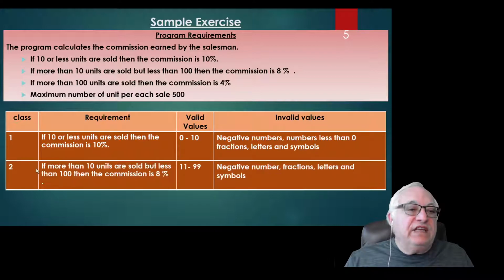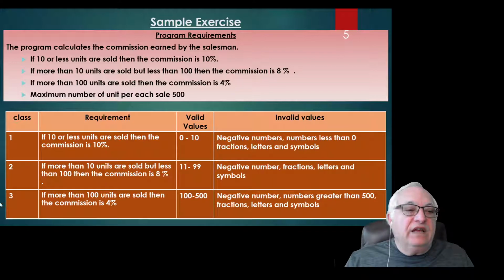Now we identify a second equivalence class, which is if more than 10 units are sold but less than 100. Valid values here are going to be 11 through 99. Invalid values are going to be negative numbers, fractions, letters, and symbols. Here we identified a third class, which is if more than 100 units are sold, then the commission is 4%.